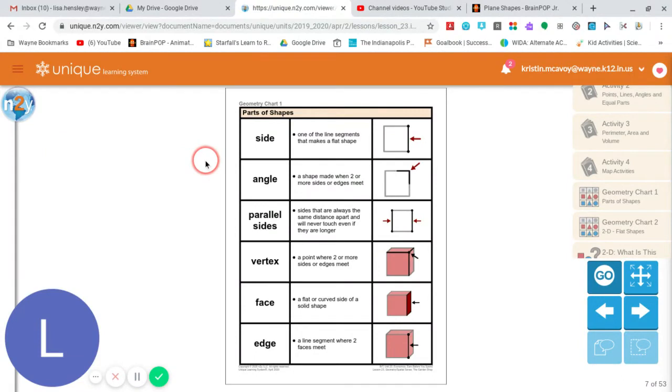Okay, if you are rejoining me, you need this chart here, which goes over side, angle, parallel sides, vertex, that's kind of a funny word, face and edge. And we'll look at those in a minute.